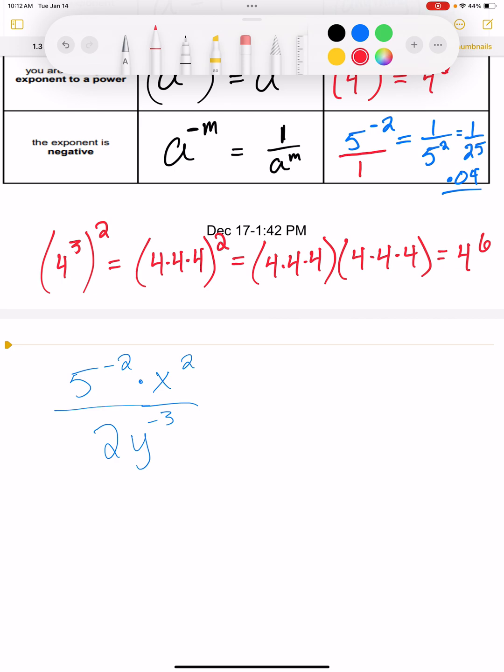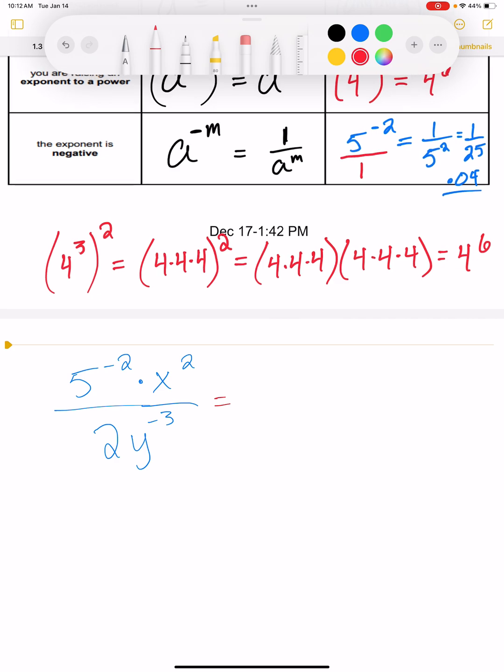All right, so in this case, we see a fraction bar, so it kind of helps us. But only the exponents that are negative are going to be moving. So sometimes people say, oh, you just flip it, right? Well, it's not. I understand why people say that. It looks like you just flip it. If you come back up here, it looks like this is just being flipped.